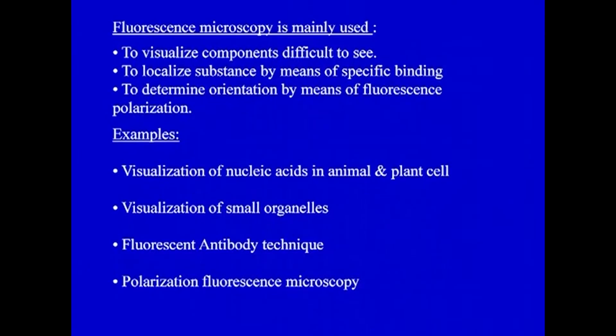Let us take some examples of application of fluorescence microscopy. One is visualization of nucleic acids in animal and plant cells. Acridine orange, one of the dyes, binds to both DNA and RNA, but gives a green fluorescence with DNA, and if dye concentration is high, it will give an orange fluorescence with RNA.